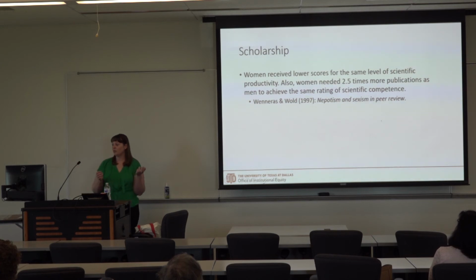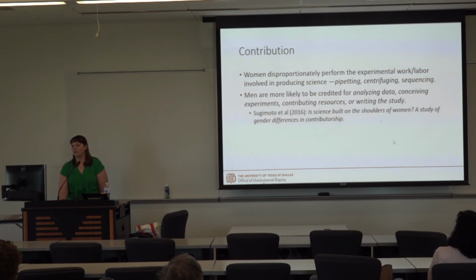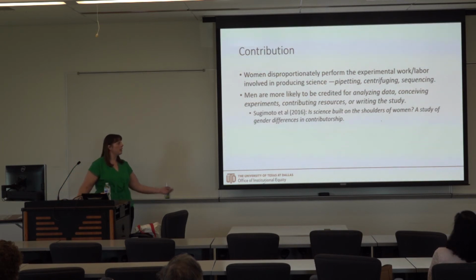Women receive lower scores for the same level of scientific productivity, and you need 2.5 times the publications than men to achieve the same level of success. Contribution. Women disproportionately perform the experimental work labor involved in producing science. Men are much more likely to be credited for analyzing data and the ideas.